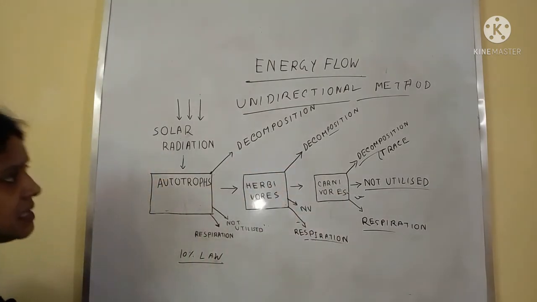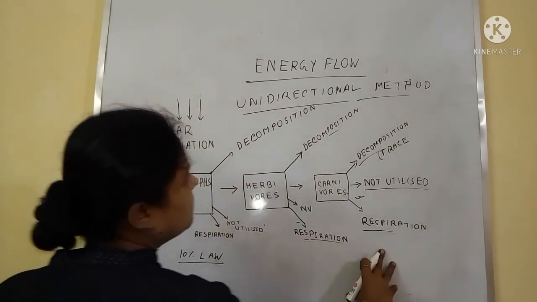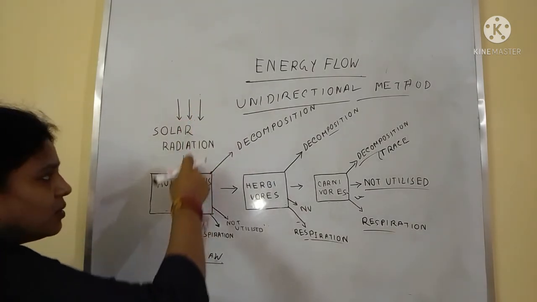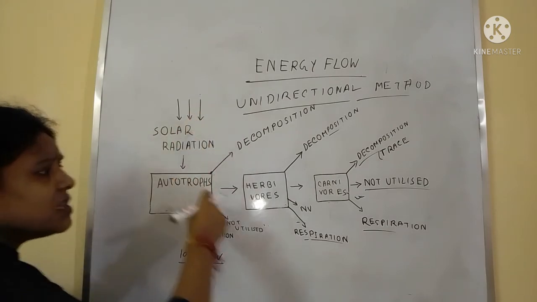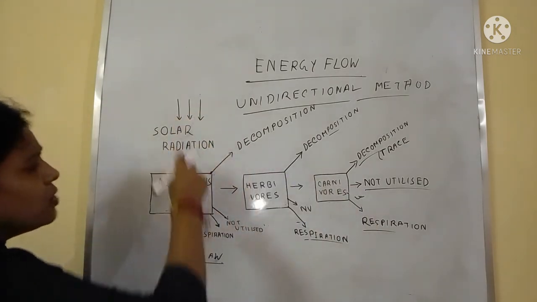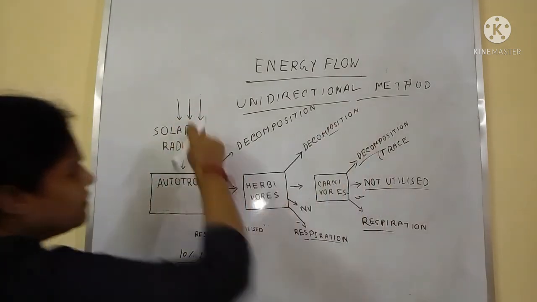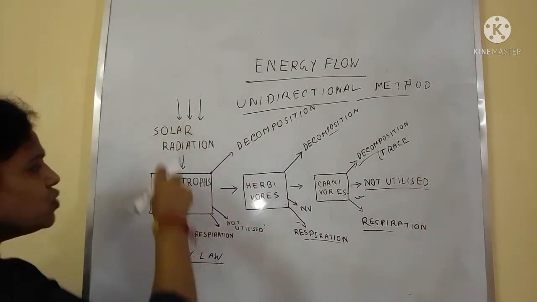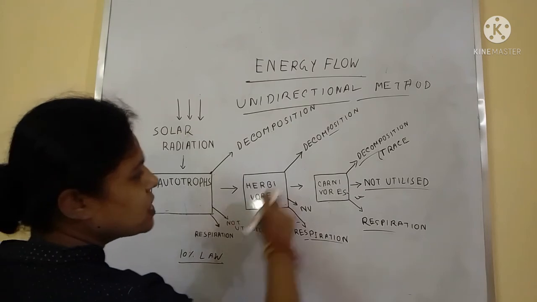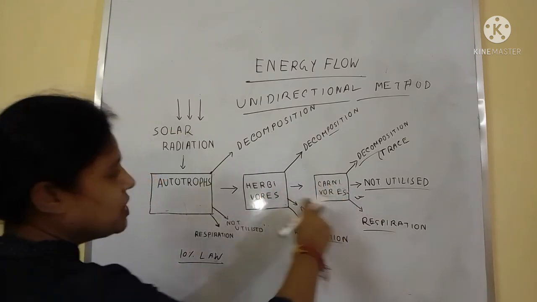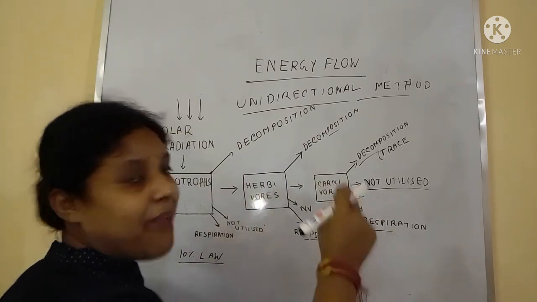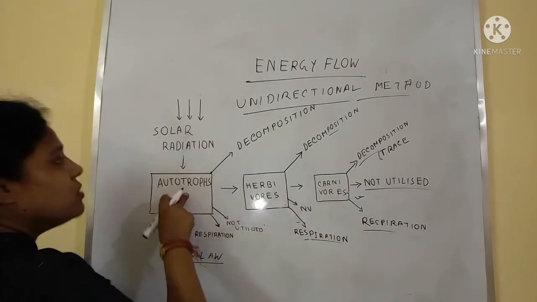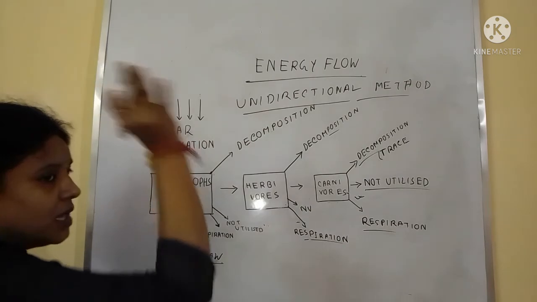But this is why it is a unidirectional flow: the energy flows in such a way that it follows only one direction. That means from solar radiation to autotrophs to herbivores to carnivores. But energy does not flow from carnivores to herbivores, then autotrophs, or to the environment.